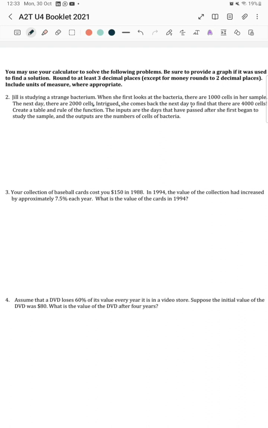So we are going to make a table. T is 0, so the cells were 1,000. When T was 1, the cells were 2,000.